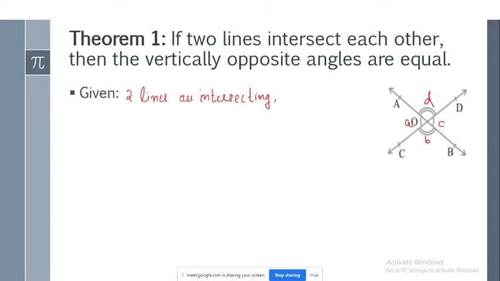Now tell me, Vasanta, you are saying something, no? Yes, ma'am. Angle AOC is equal to A. We have named angle AOC as A. Okay, four angles are forming.